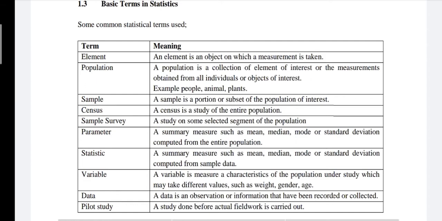Kalau kita gunakan hanya sample sahaja untuk dapatkan mean, median, mode, itu dipanggil statistik. Okay, to differentiate between these two, biasanya kita gunakan different symbols. Kalau mean, simbol untuk parameter for mean adalah mu, kan?